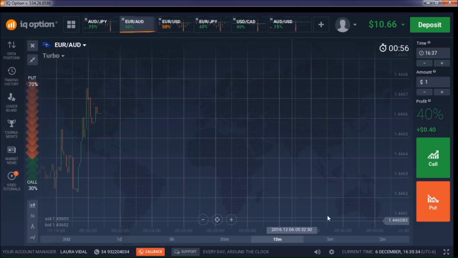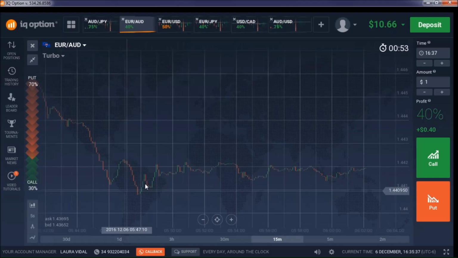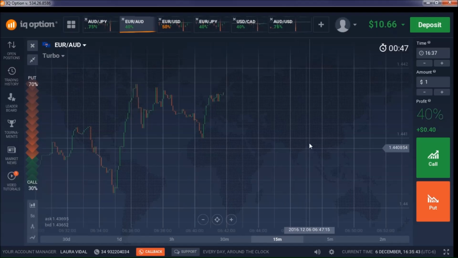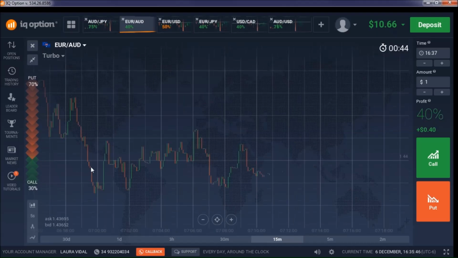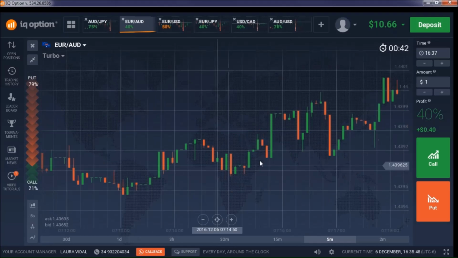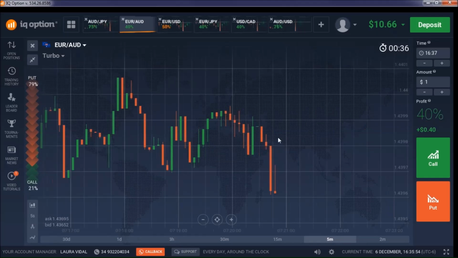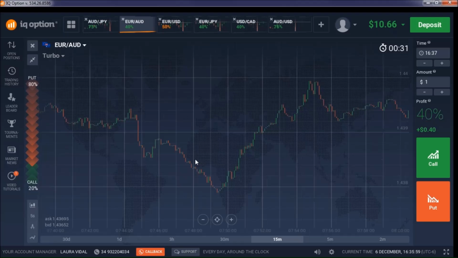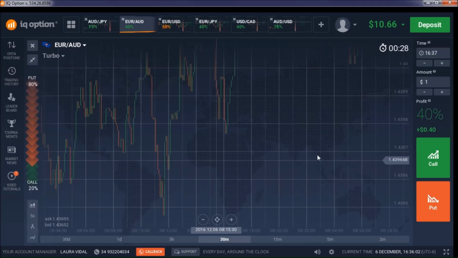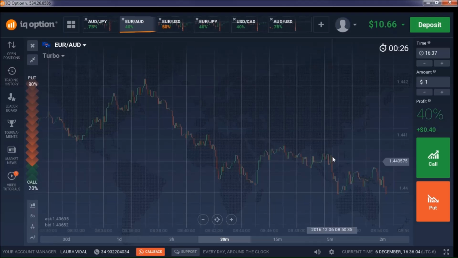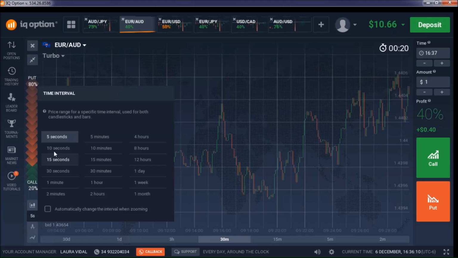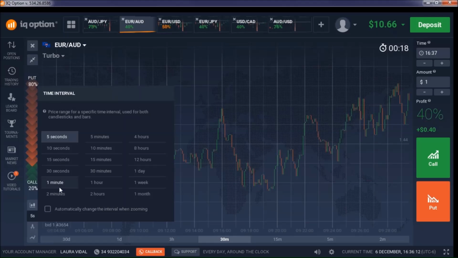So this is a 5-second chart. Moving a lot, not showing accuracy at all. So we're going to change the time interval to 2 minutes.